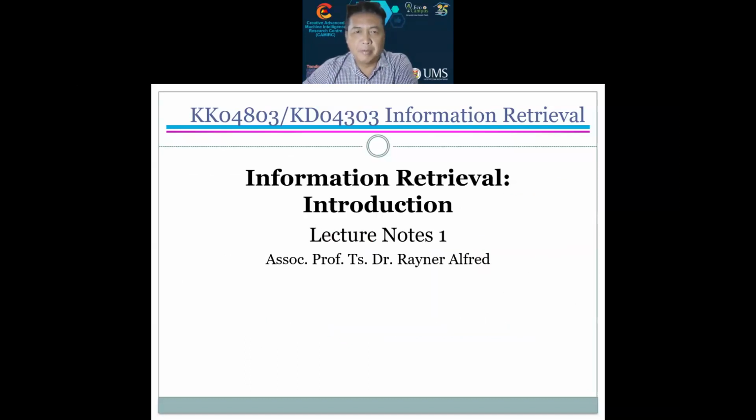So before we start, I would like to introduce myself. My name is Rainer Alfred. I have been working with UMS since 1999, so almost 24 years. I got my degree from Polytechnic University in Brooklyn, New York, studying computer science.